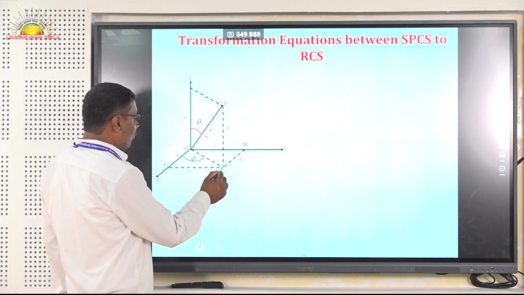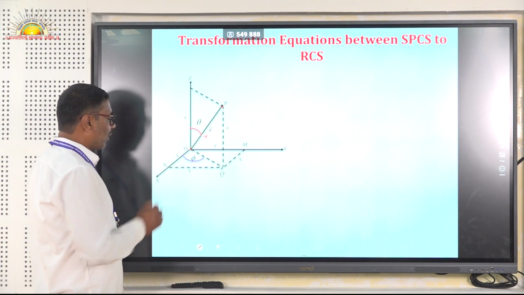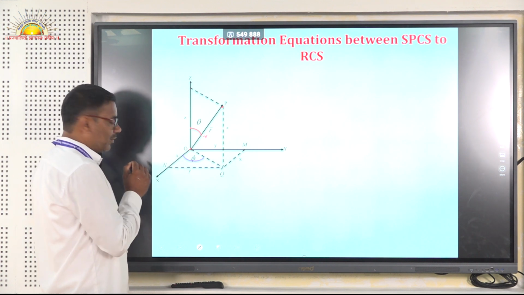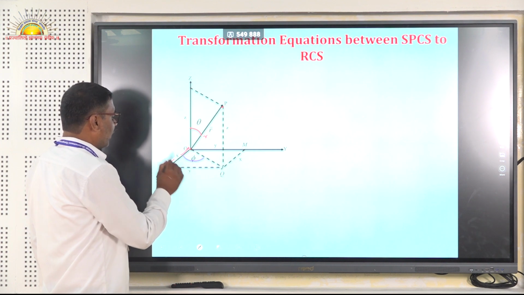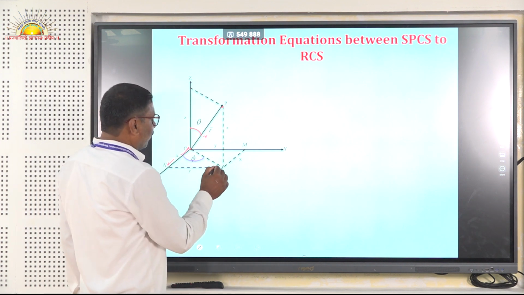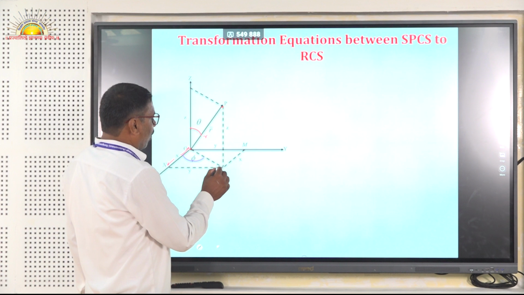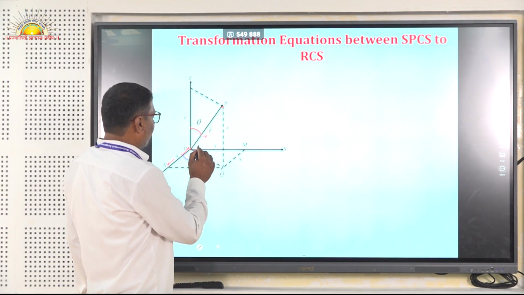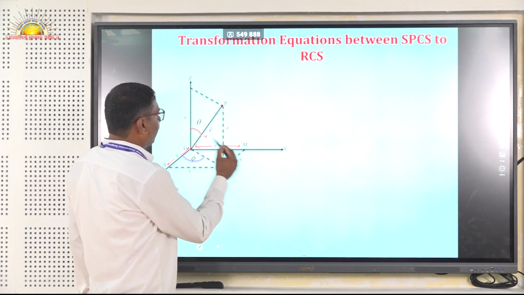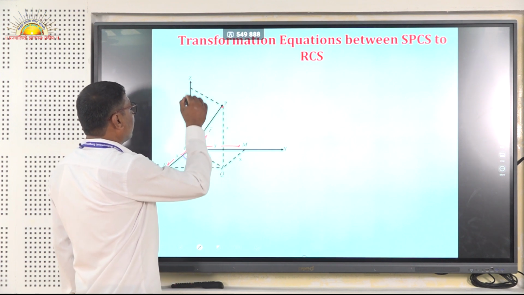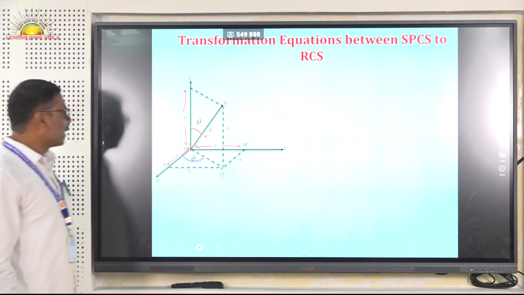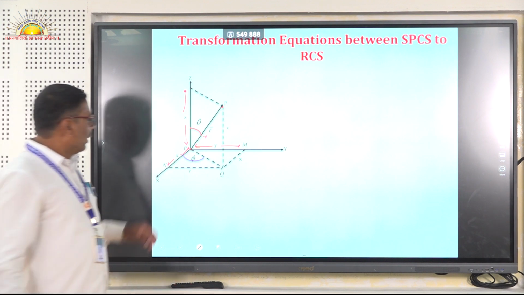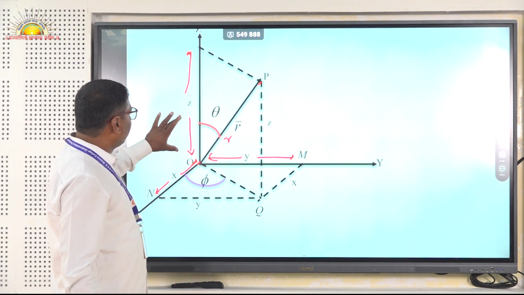From point Q, if we draw a perpendicular on the x axis, that is ON, it gives the Cartesian coordinate x. If we draw the projection of point P on the y axis, it gives the coordinate y, and this is the z coordinate. So those are the Cartesian coordinates.